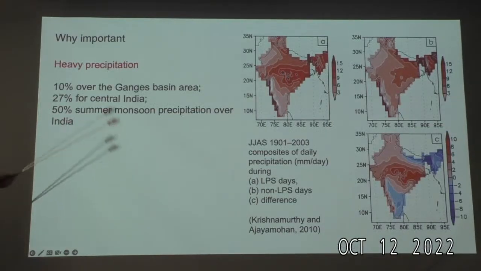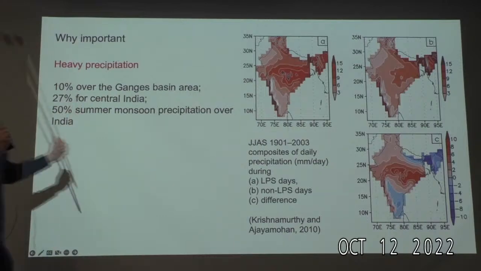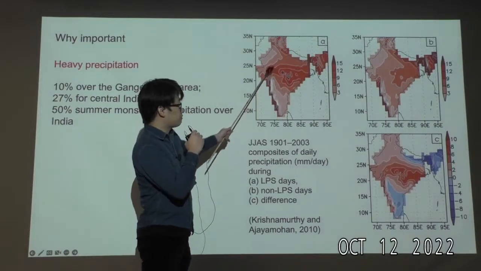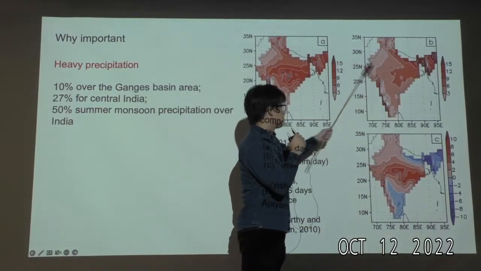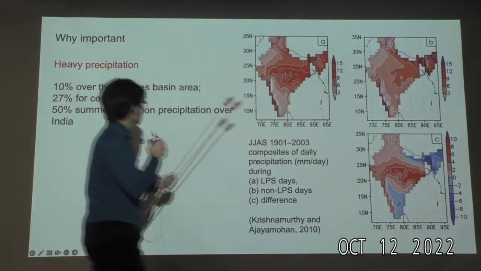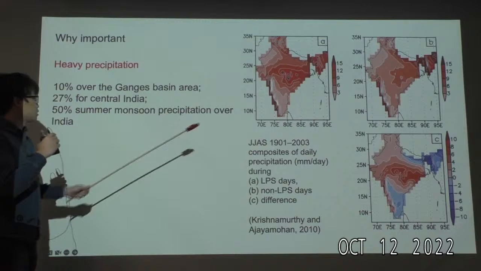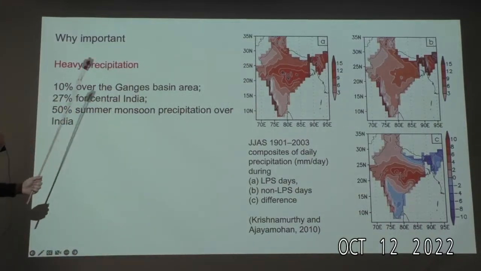And this panel is showing the precipitation difference for the days that have monsoon low pressure systems and for the days that are not having monsoon low pressure systems. The major difference in the precipitation is around central India and the Ganges basin area.